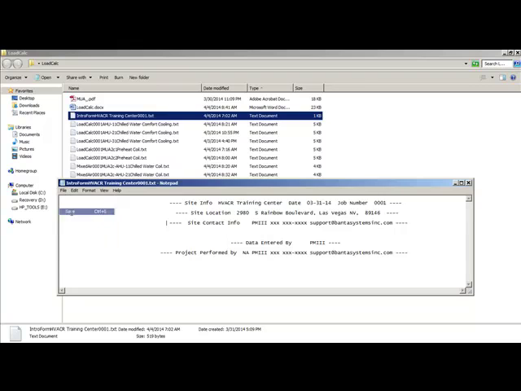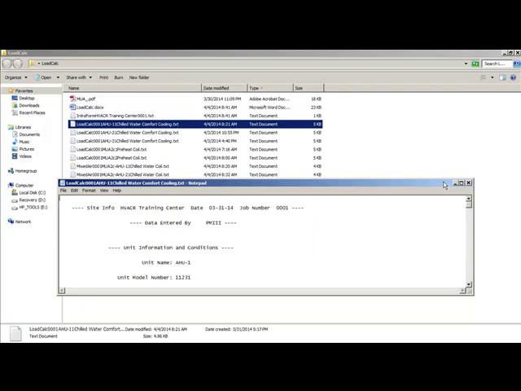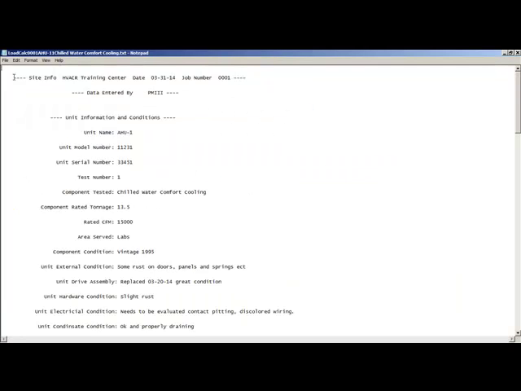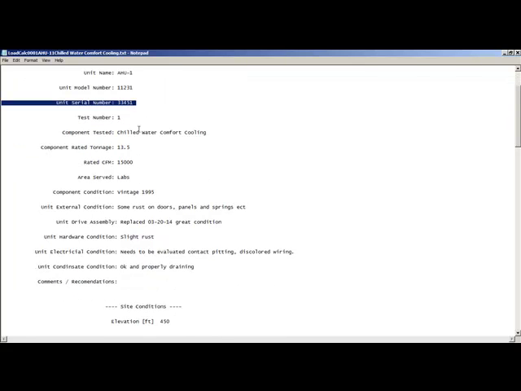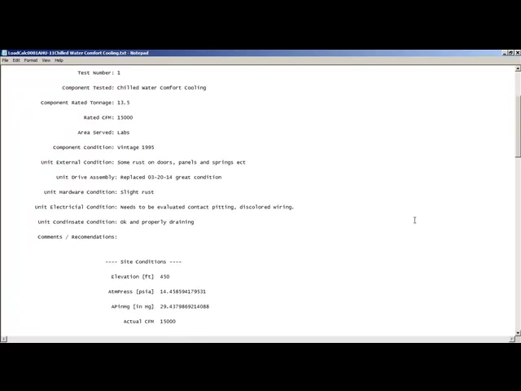We'll save that. Then we got a load calc. This one is for the training center, air handler 1, model number, serial number, tag, chill water, comfort cooling, 13 ton CFM, series of labs, vintage.